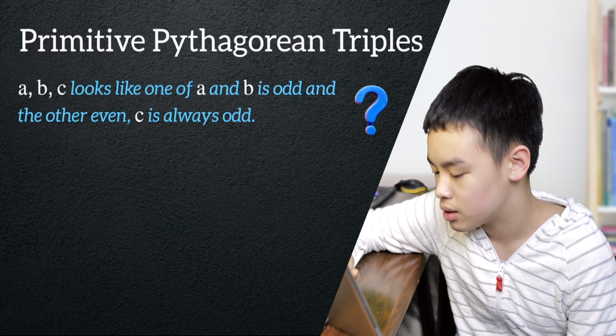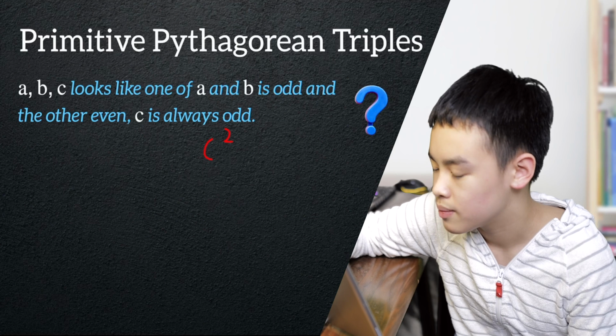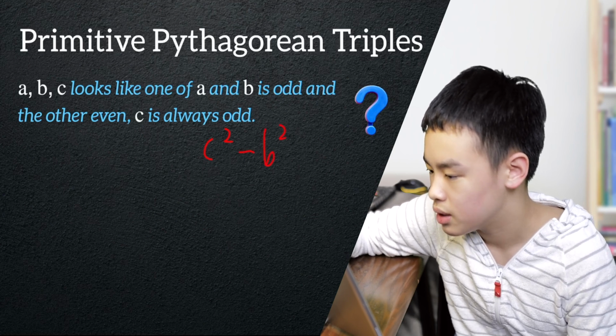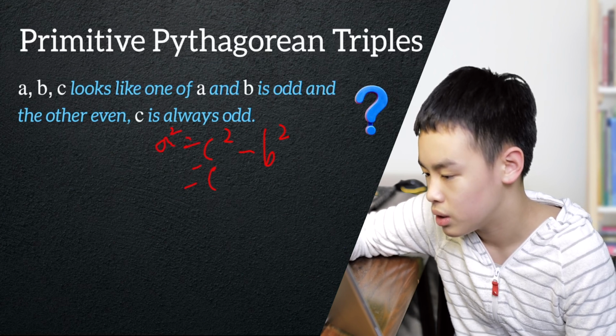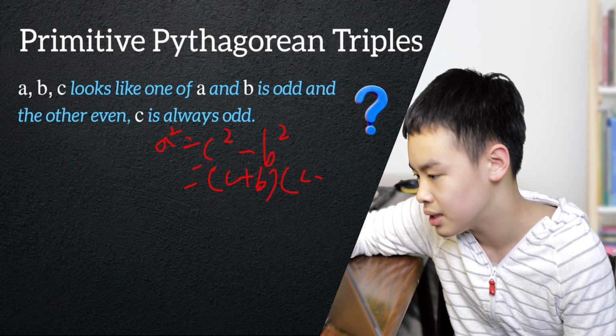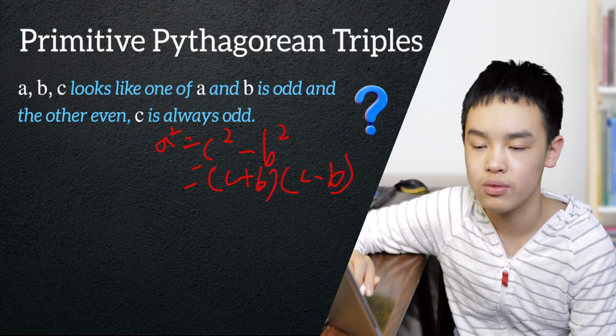So c squared minus b squared can always simplify to (c plus b) times (c minus b), and we will collect some examples to see if we are right.